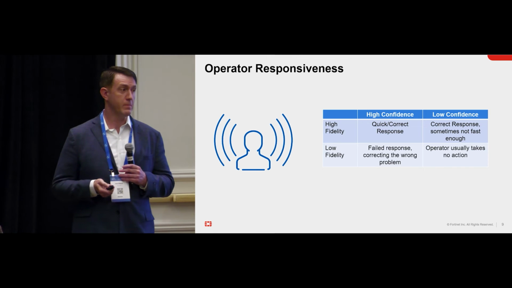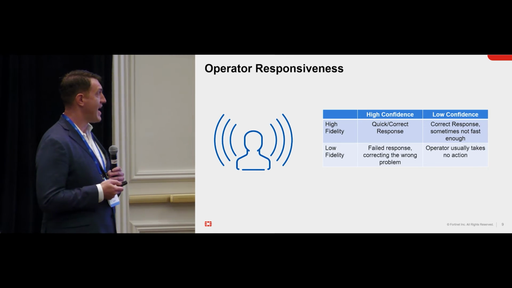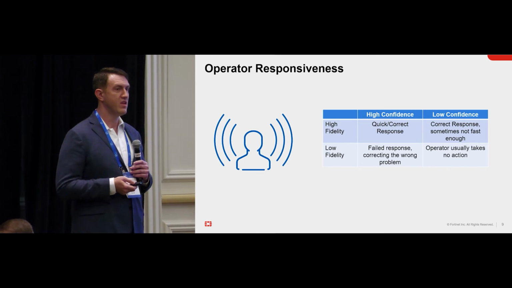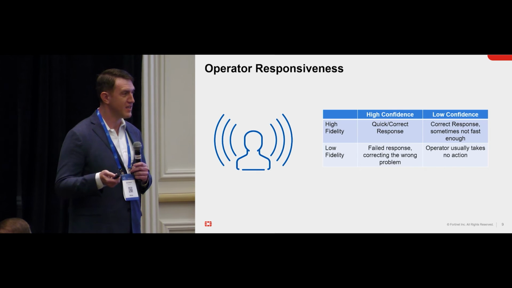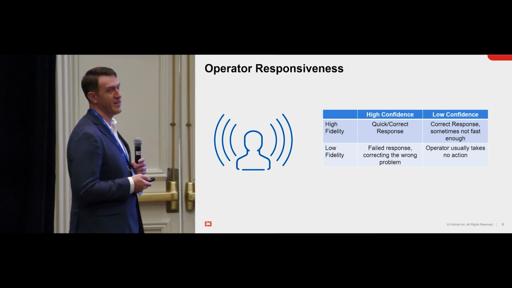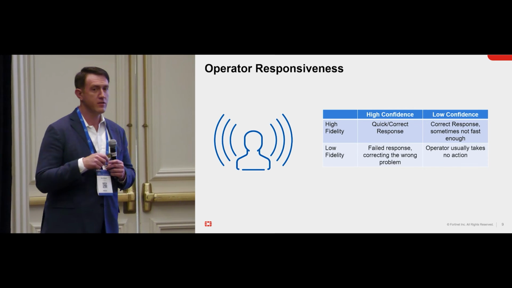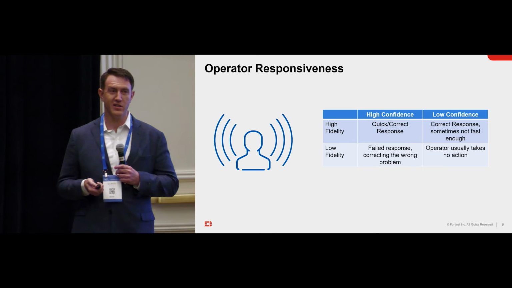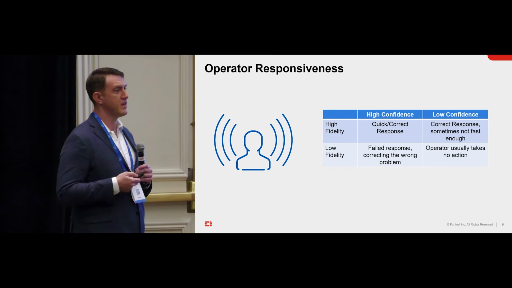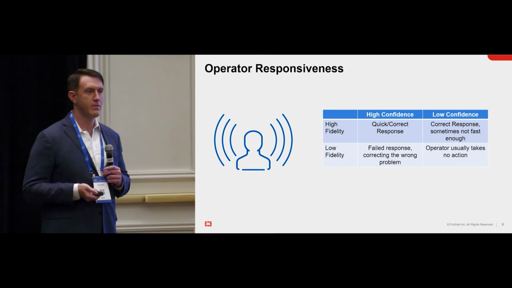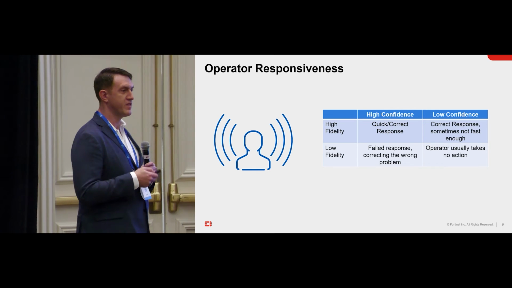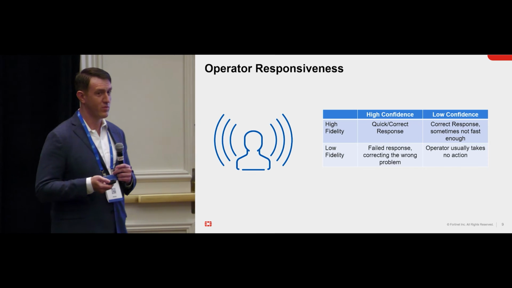What are some examples of people operating with bad data, but they have high confidence in it? If you read the after-action reviews of the 3 Mile Island disaster, that's exactly what that was. They had bad data, but they had high confidence in that data. Now, here's something to remember that in an industrial process you don't always have, right? The designers are continuously trying to give you better confidence. In a cyber attack, your adversary is always trying to reduce the level of fidelity and give you high confidence in it, right?